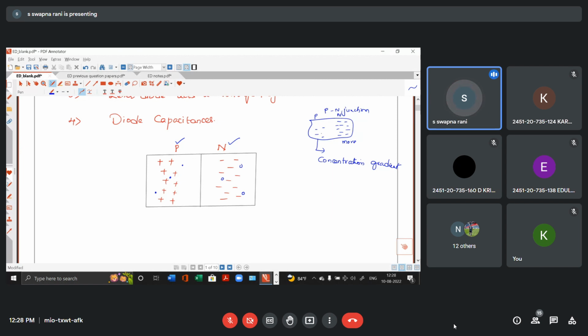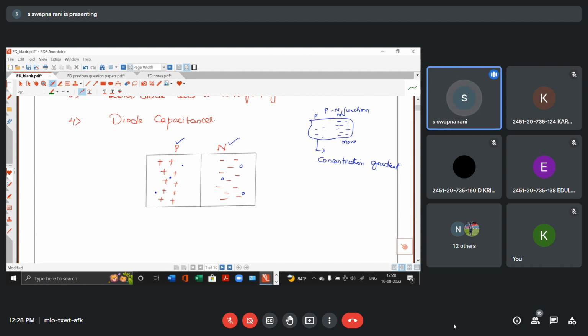Similarly, electrons are more on the N side and very few on the P side, so there is a non-uniform distribution of electrons. Whenever there is a non-uniform distribution of charge carriers, what will happen?